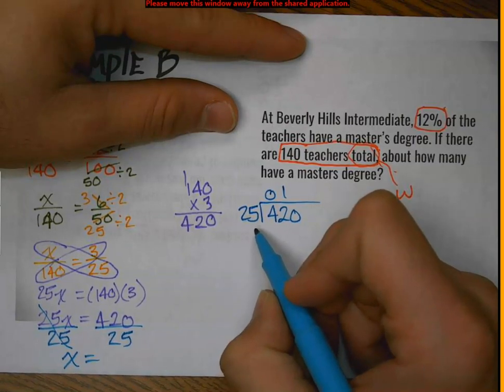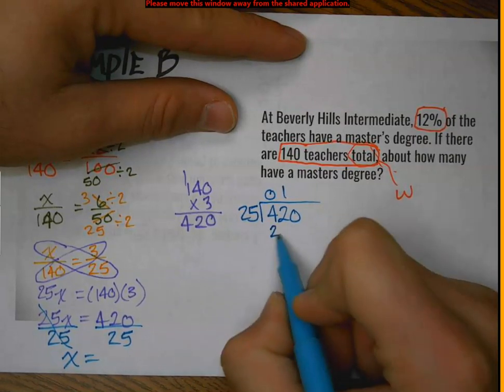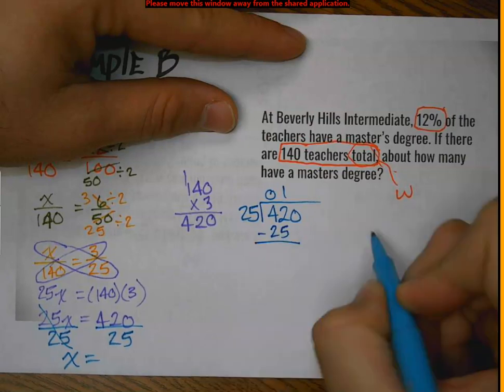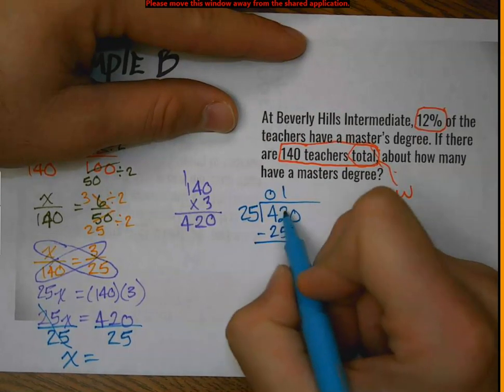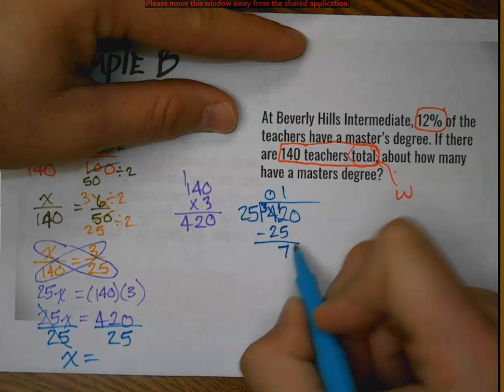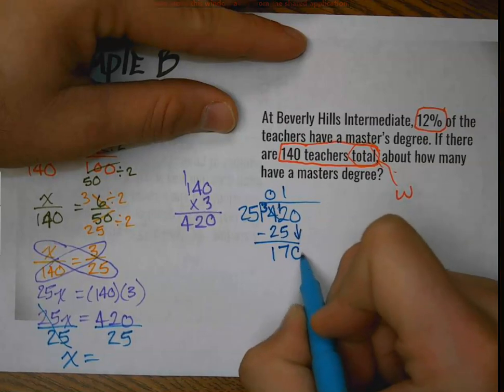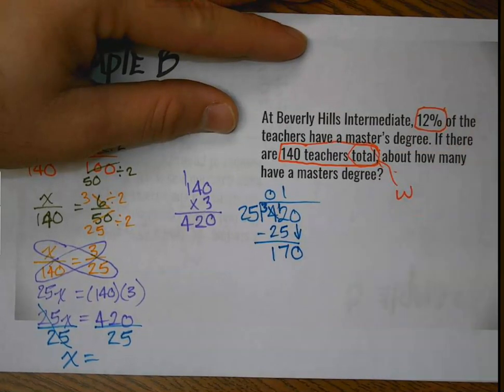25 times 2, that's 50 cents. So you know it can't be 2. So this is 25. Subtract, and we'll borrow here. This is going to be 12, and this is going to be 3. So 12 minus 5 is 7. 3 minus 2 is 1. Bring down this 0, and 25 into 170. Remember, quarters.